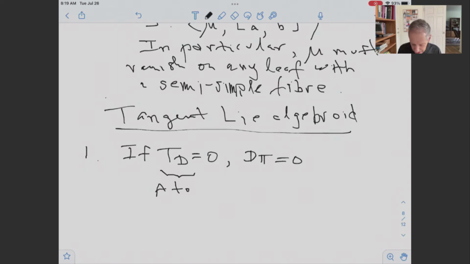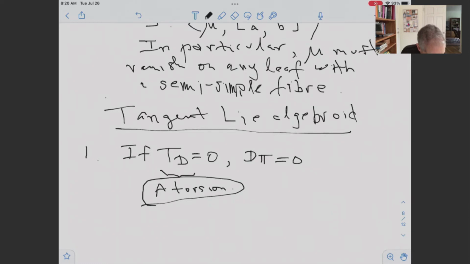Because D is a connection on A. There's a notion called the A torsion, and if the A torsion is 0, then the condition is that pi be parallel along the fibers, along their symplectic leaves.